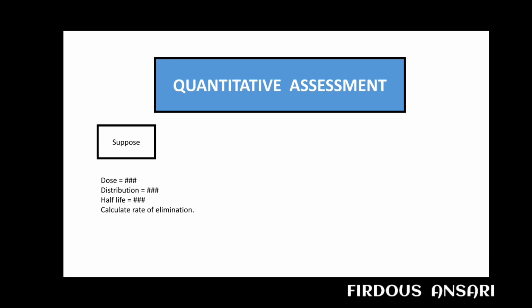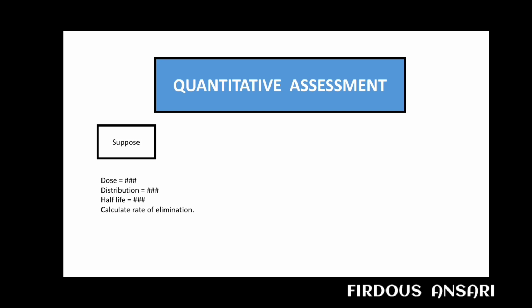Suppose we want to check the volume of distribution in the liver, then we have to check how much blood is moving in the liver, how much amount of drug the liver can accommodate, and what is the size of the liver. So for different organs we have different parameters. It also depends upon the physiological state and even pathological conditions. See, physiology is different for different individuals.